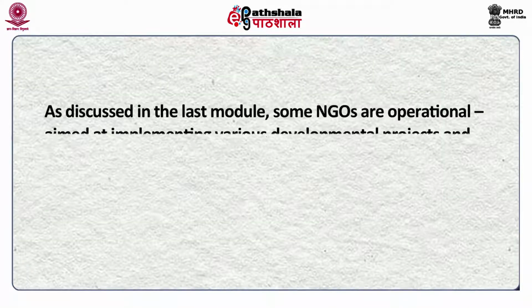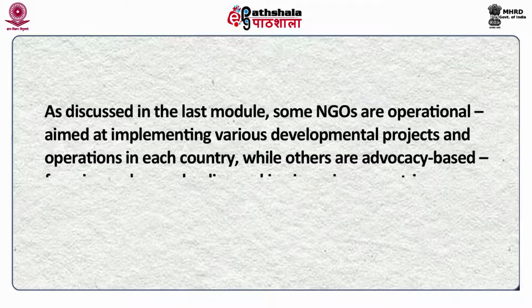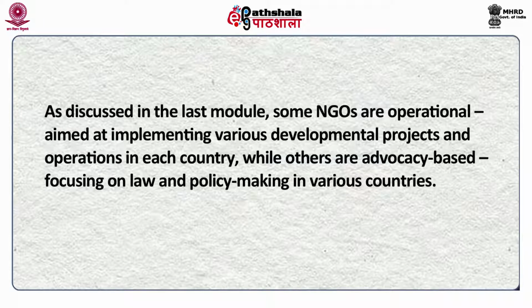As discussed in the last module, some NGOs are operational, aimed at implementing various developmental projects and operations in each country, whereas others are advocacy based, focusing on law and policy making in various countries.